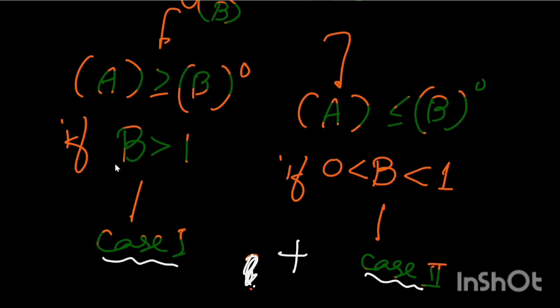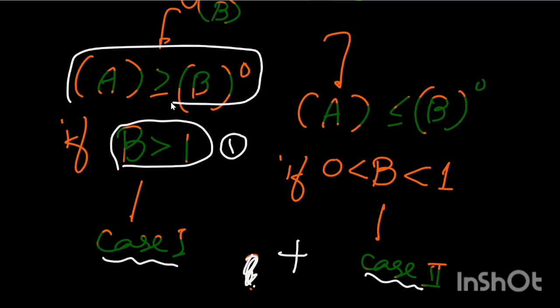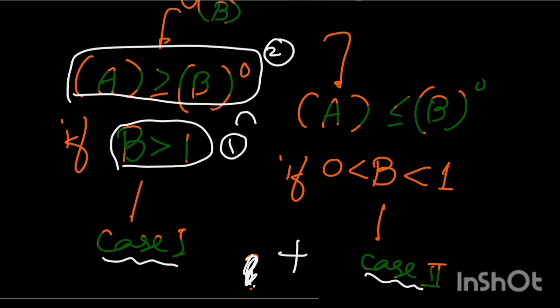See, if you solve b greater than 1, let's say this is the first inequality that you get, and then following that, you solve the second inequality, you will have to take in each case the intersection of first and second, because both must be valid, both must hold. So after solving first and second equations, we have to take the intersection, and from that we can get the number of integral solutions.